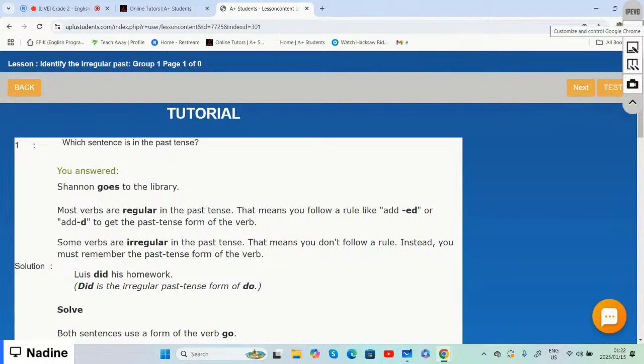Remember, jumped and watched, that is regular past tense. That's regular. We are focusing on the irregular past tense.